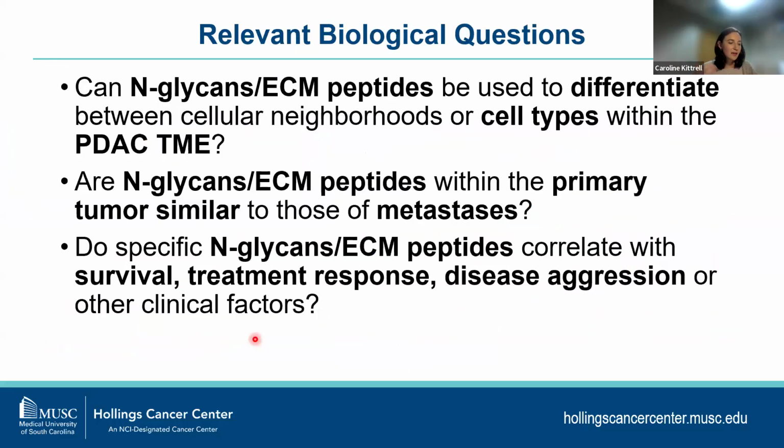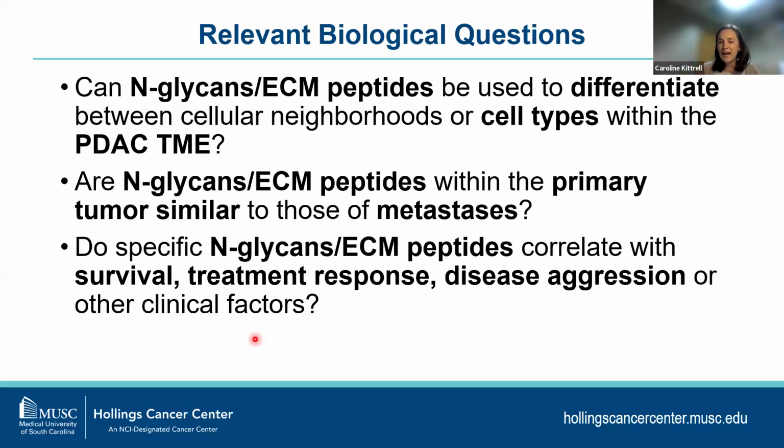So now to get at a couple of gaps in knowledge that we're attempting to address, really, we want to know, can we dissect the different cellular neighborhoods within the PDAC tumor microenvironment using N-glycans or ECM peptides? So do tumor cells have specific ECM peptides or N-glycans that they express versus non-tumor cells?